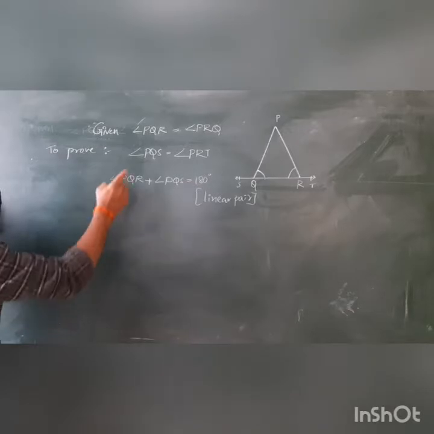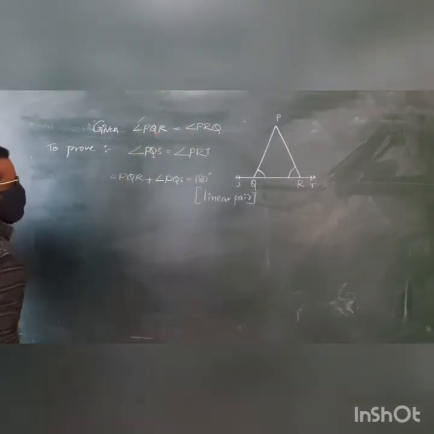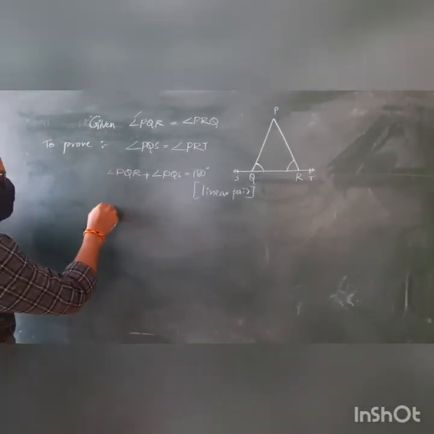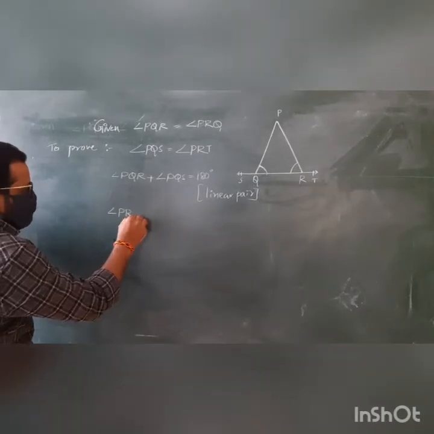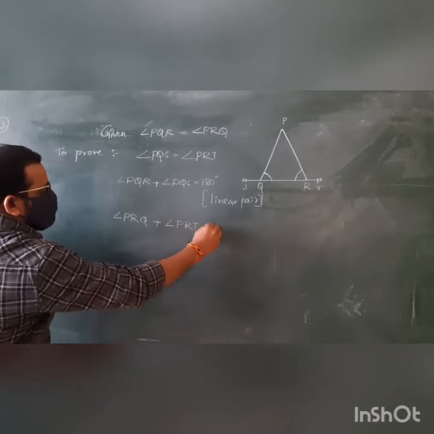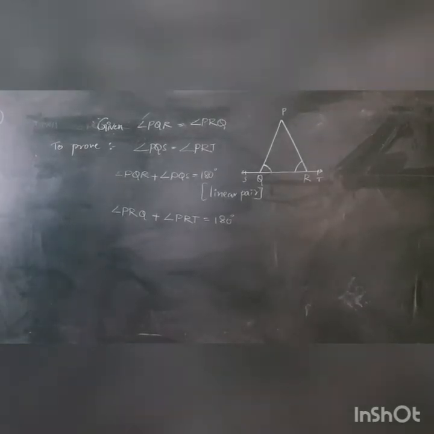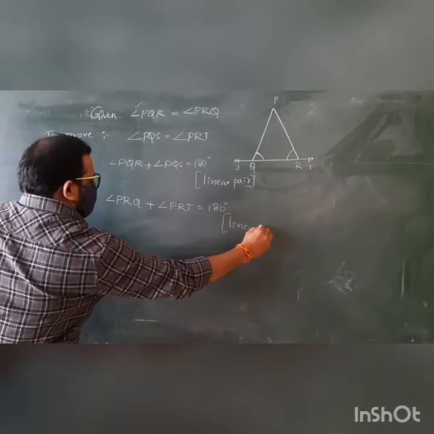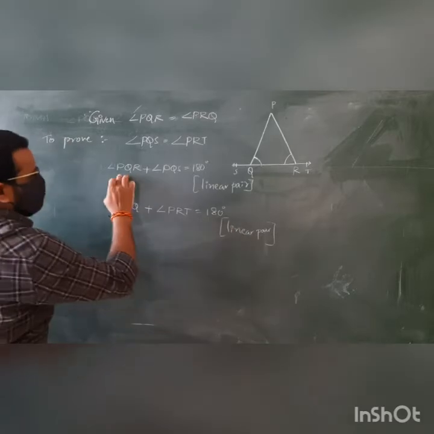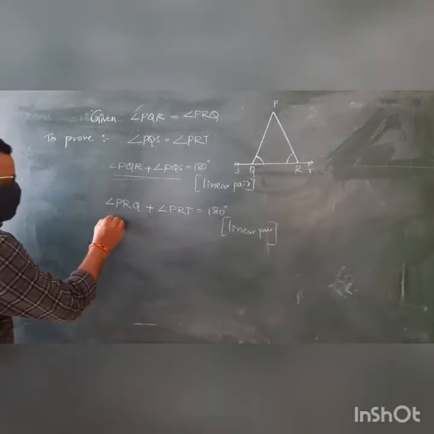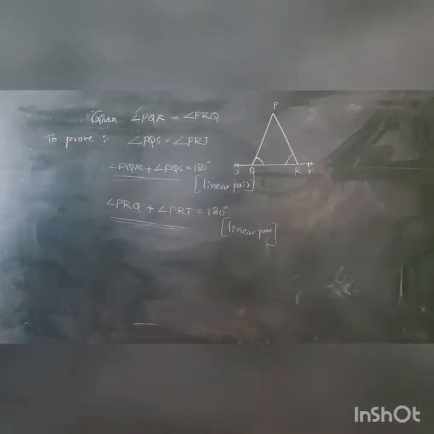As it is given that angle PQR equals angle PRQ, we have to take another linear pair, that is angle PRQ plus angle PRT equals 180 degrees. Linear pair. Here it is equal to 180. Angle PQR plus angle PQS equals 180, and here angle PRQ plus angle PRT equals 180.